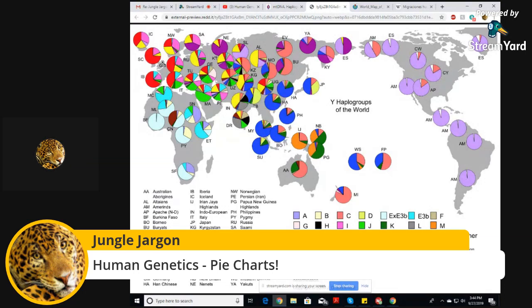So we have this color here, whatever color that is, up here in Norway and Sweden and Finland, and as far as Iceland and the British Isles. So my Y chromosome happens to be from the British Isles, from Scotland, northern or southern Scotland, or the Highlands of Scotland, or whatever, wherever it's from.